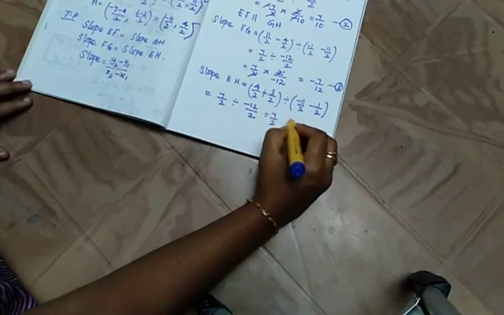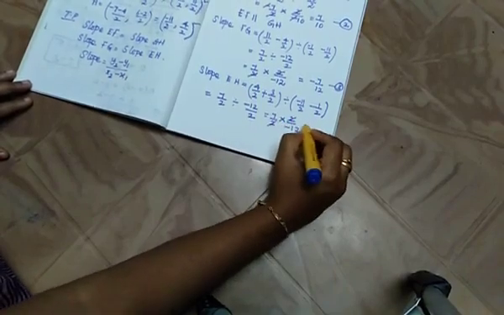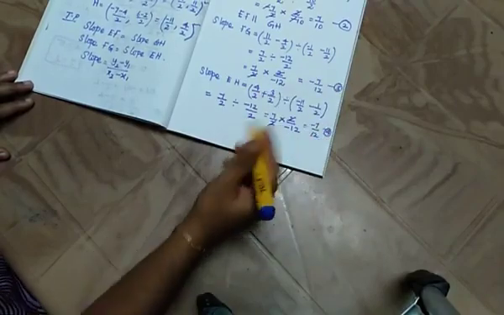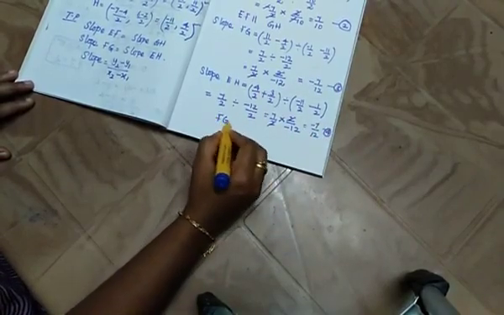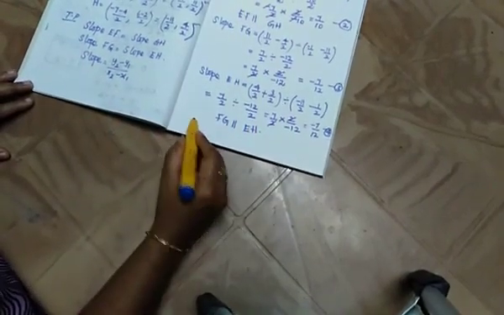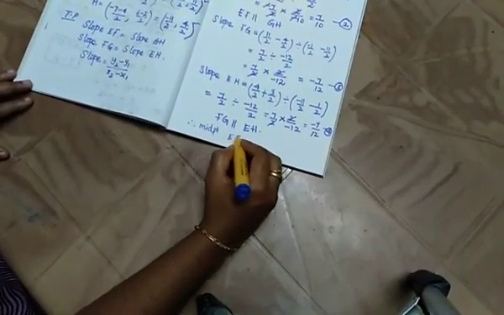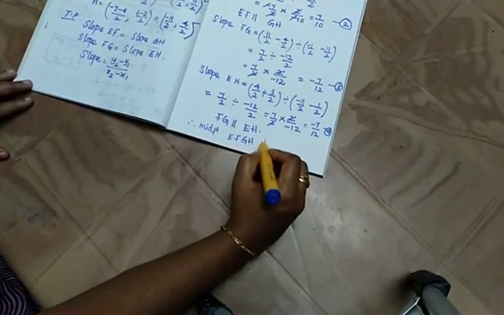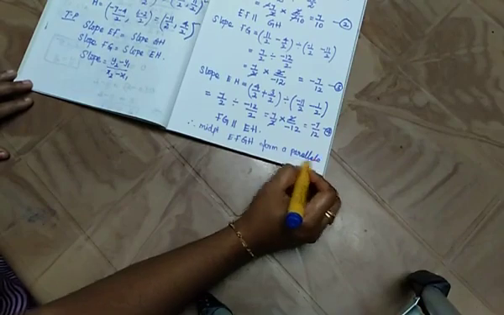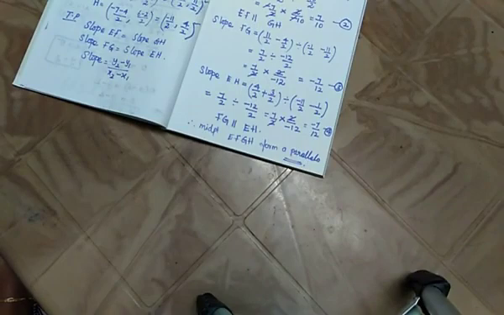So 7 by 2, division will change into multiplication, 2 by. So from 2 and 3 we can say FG is parallel to EH. Therefore, the midpoints E, F, G and H form a parallelogram.